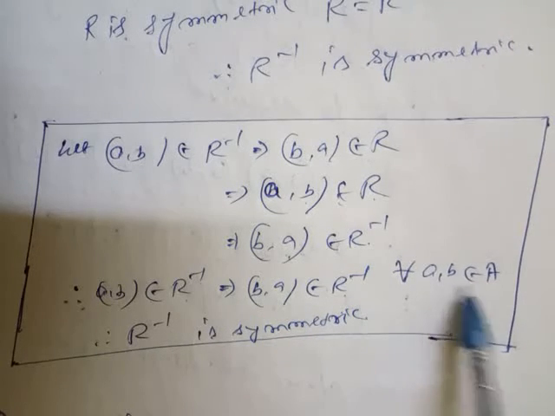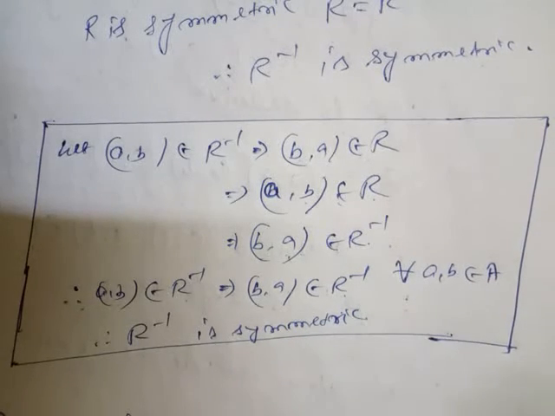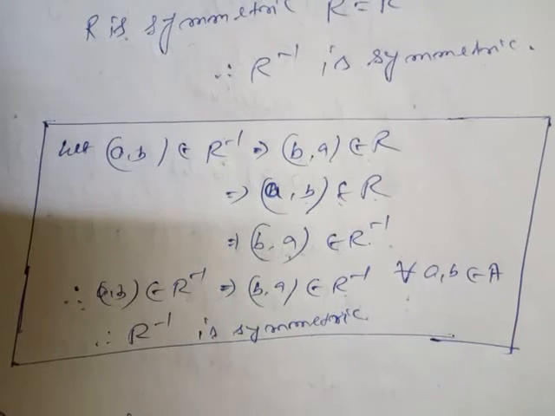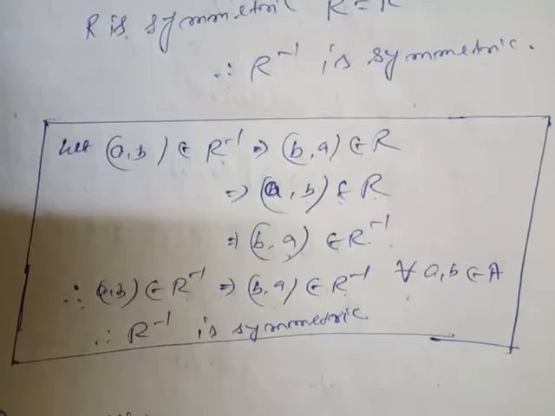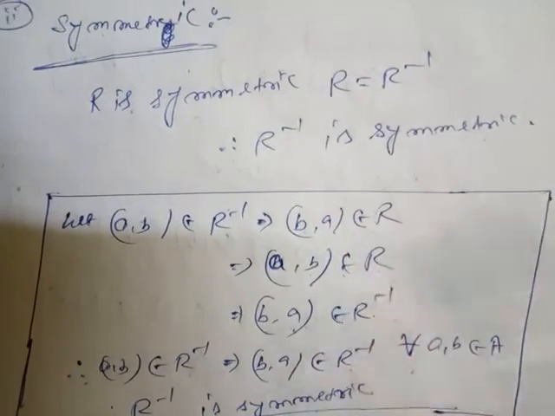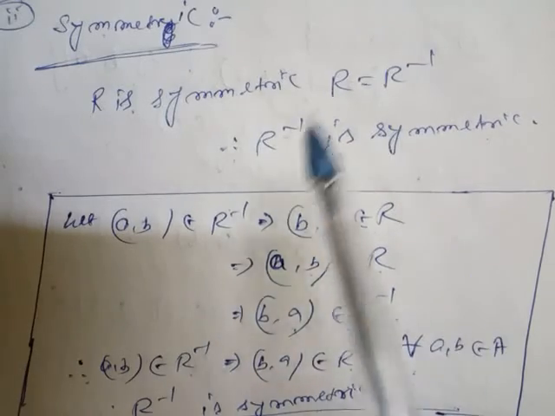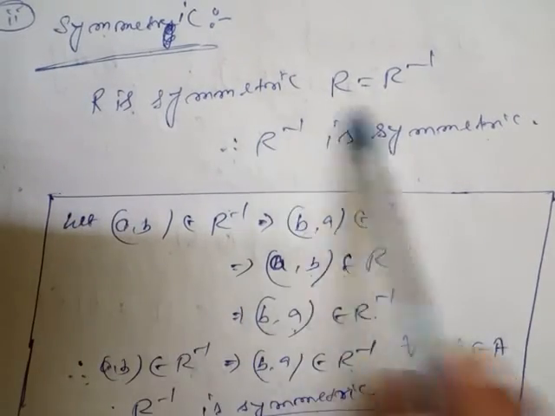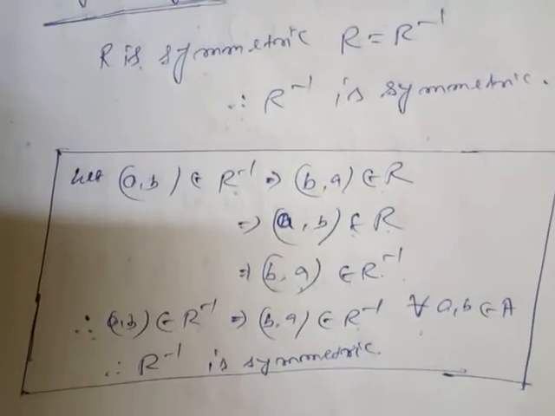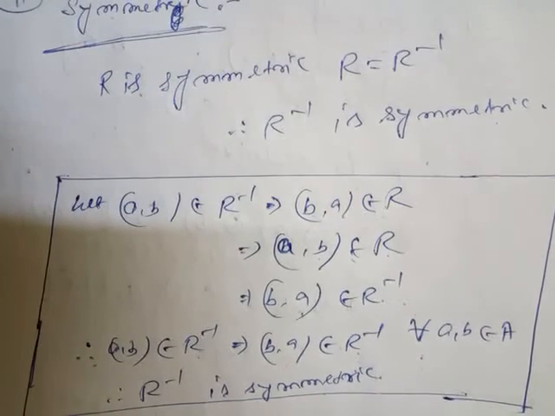For all a in A, means the set A, the elements a, b, c only, which means R inverse is also symmetric. So in this case particularly students, either you will do this part or this part. I repeat again, in this part Roman 2, either you will write only this part or this part. Now look, after that, so R inverse is also symmetric.